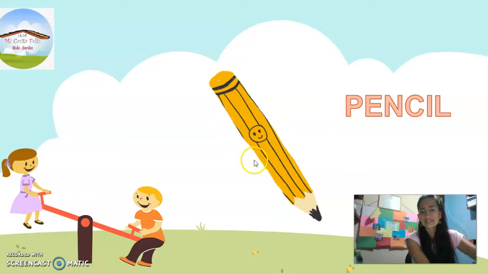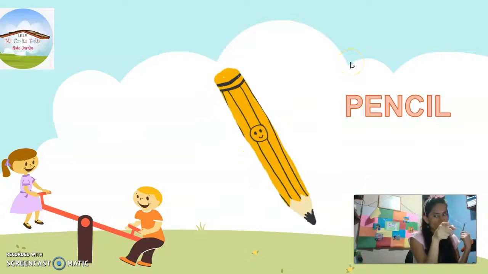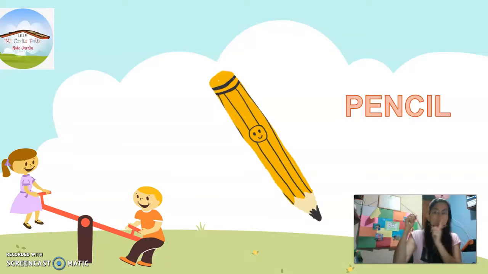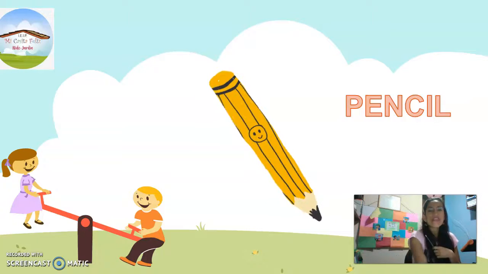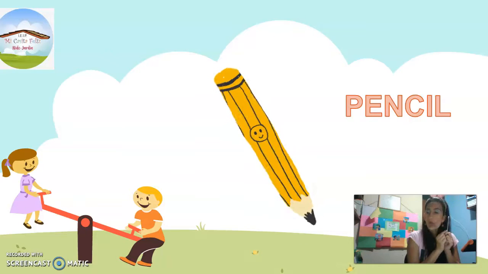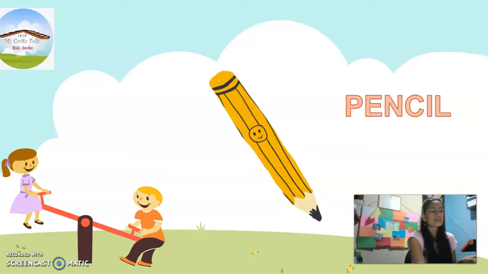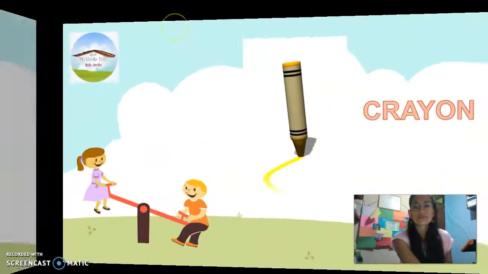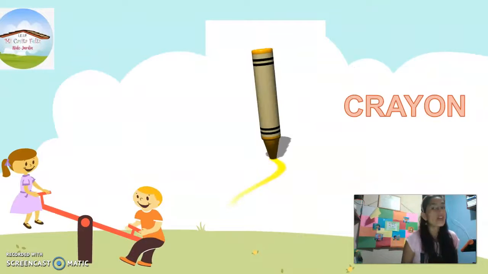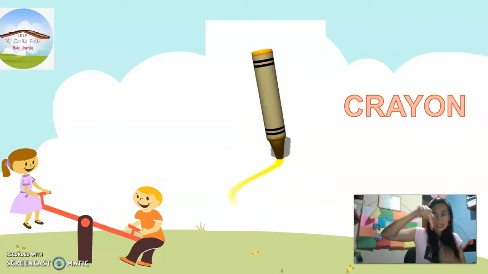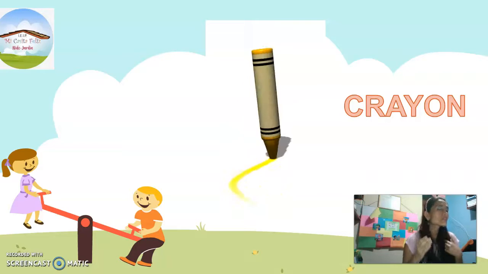Pencil. What is that? That is a pencil. What is this? This is my pencil. What is that? That is a crayon. This is my crayon.